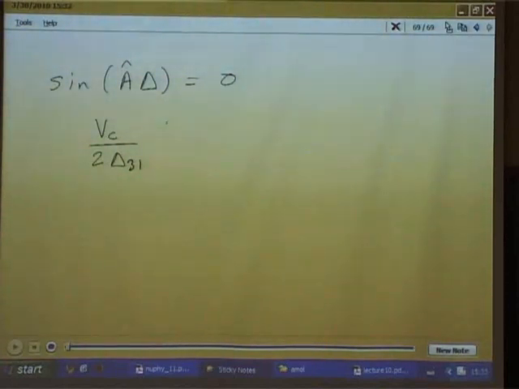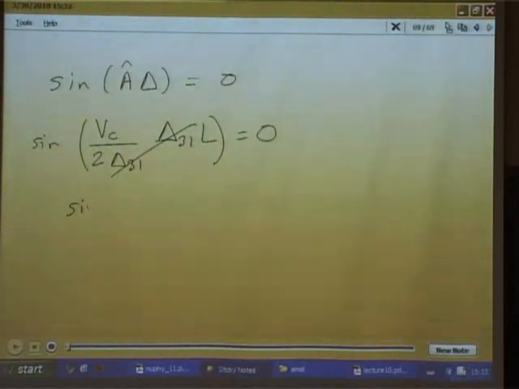This delta is delta 31 times N. So we got this quantity, sine of this, but delta 31 actually cancels out. So what we need is sine of A hat delta equal to 0.